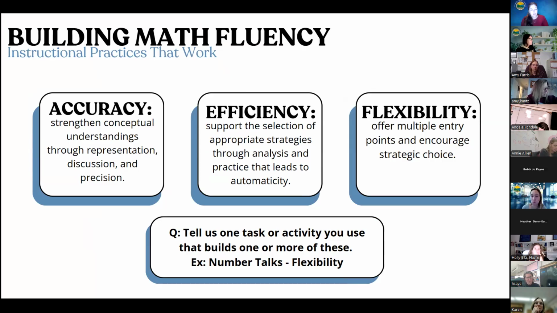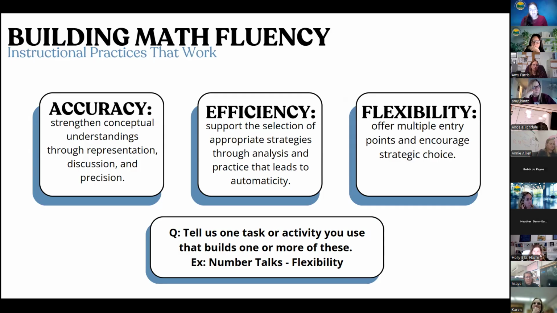To quickly summarize, if we want students to be accurate, we need to have strong conceptual understanding and bring in representations, discussion, and then that requirement of precision so that they can have accurate and supported evidence for the observations they're making. With efficiency, we want to have a lot of strategies available, but we want them to pick the one that is the most appropriate.